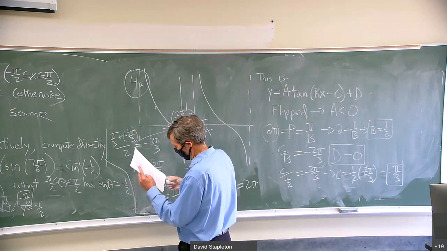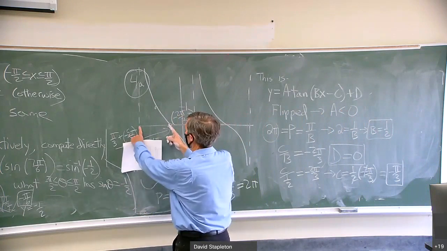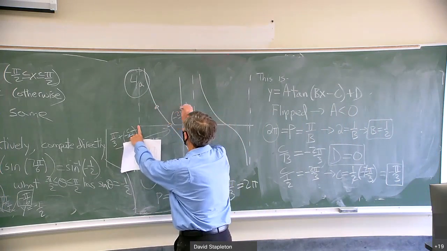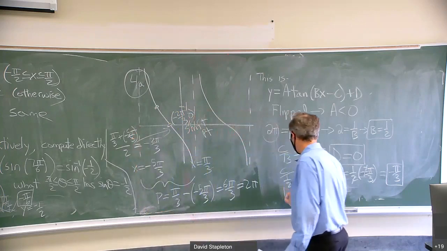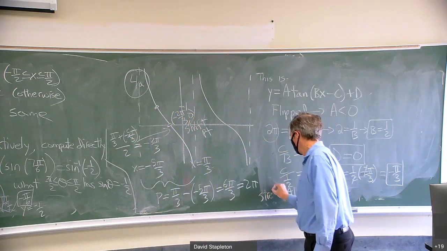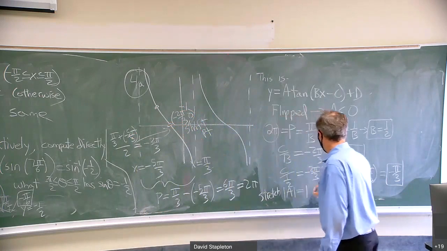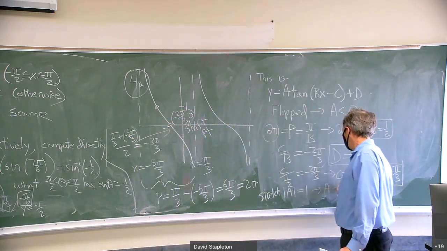If it's about 1 here, then the absolute value of A equals 1 from the stretch factor. But A has to be negative because it's flipped, so you have A equal negative 1.